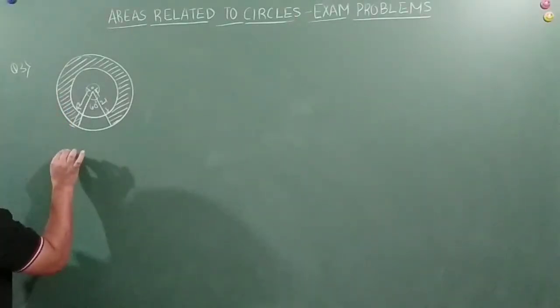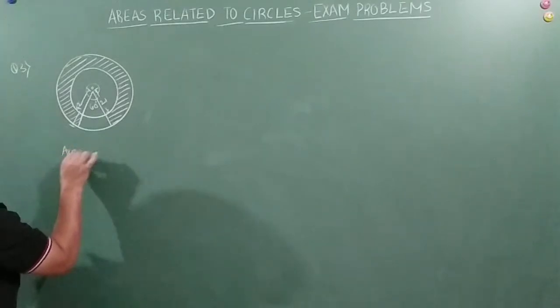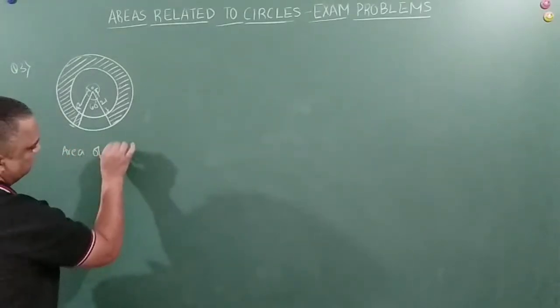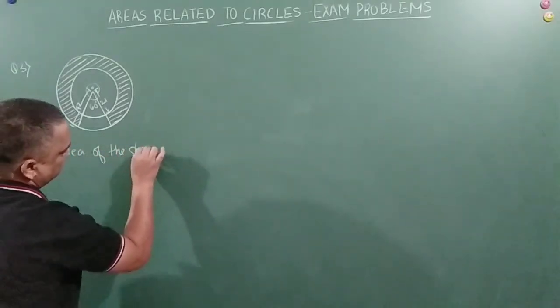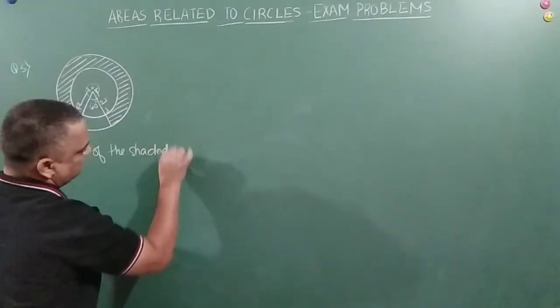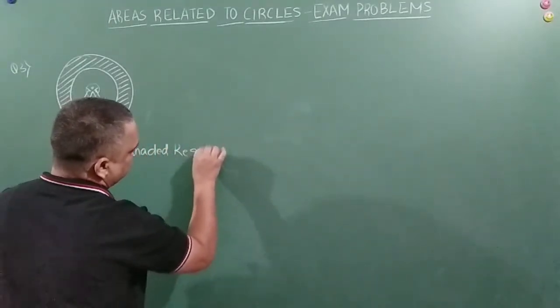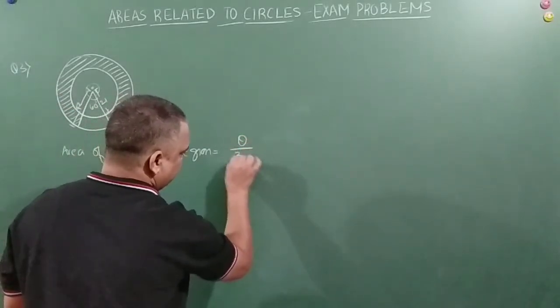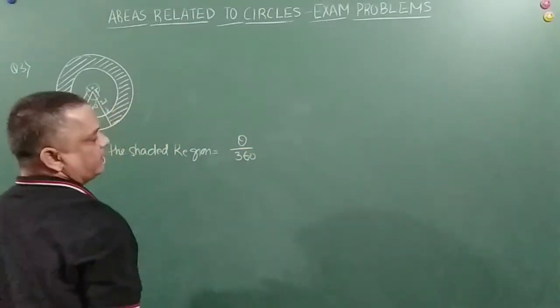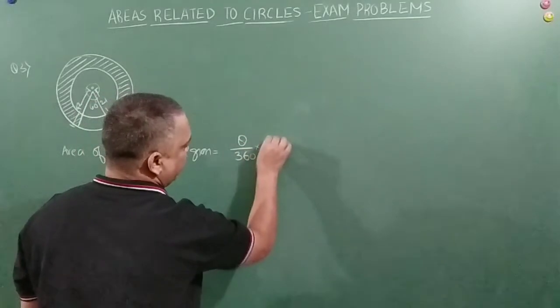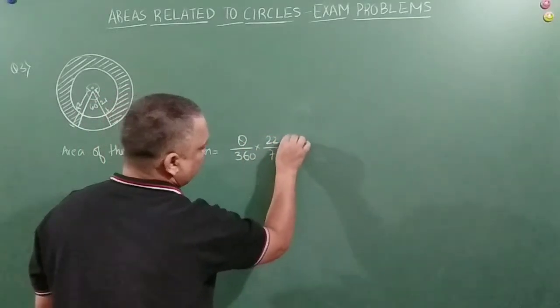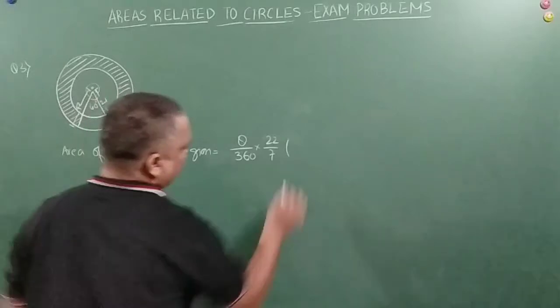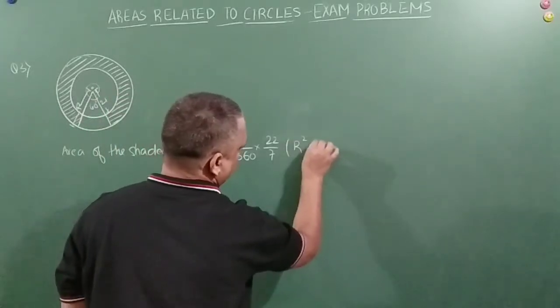Area of the shaded region is equal to, I'll just write it here, then I'll explain it to you. Theta by 360 into pi into capital R square minus r square.